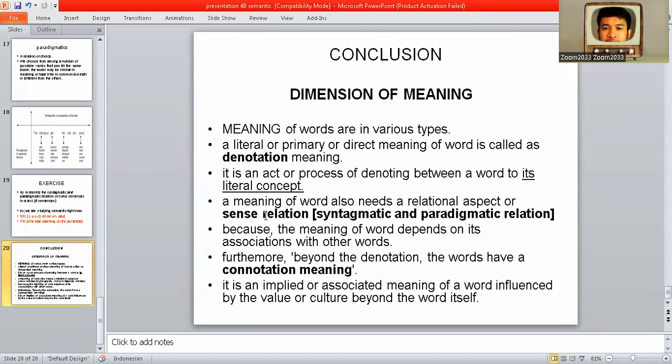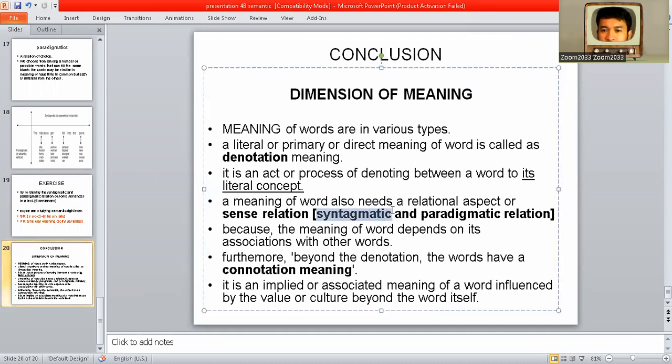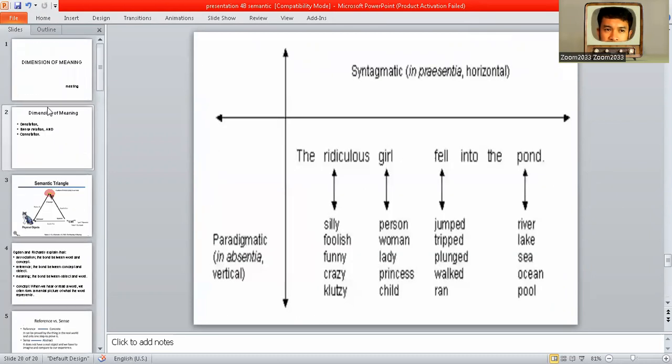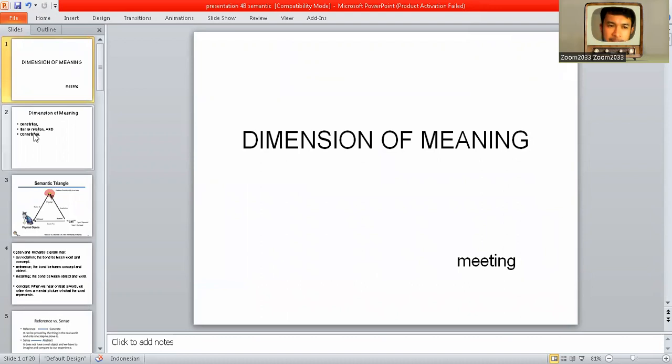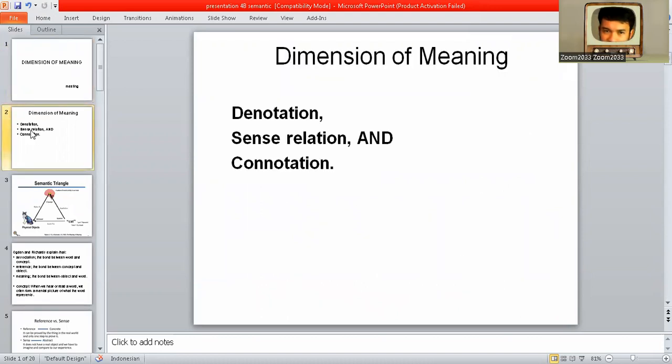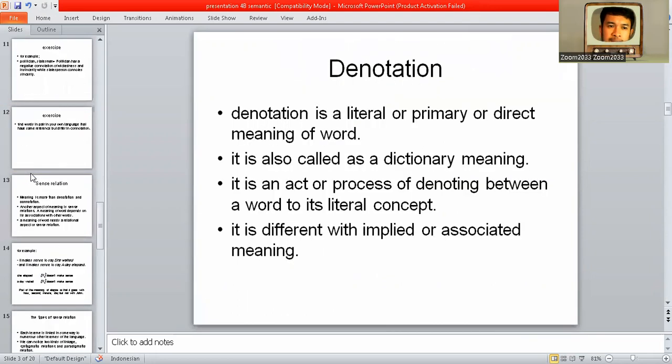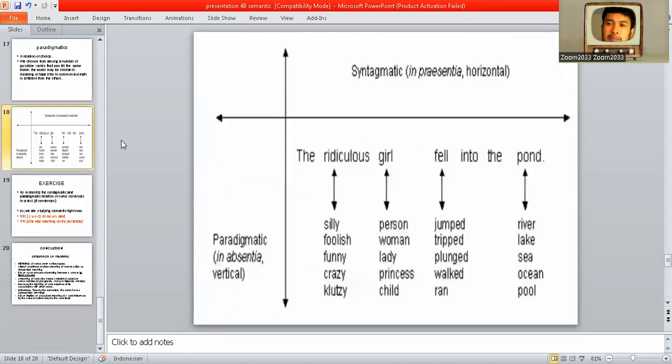And we have also relations such as syntagmatic and paradigmatic relation. Okay, so that was my presentation about dimensions of meaning, which are denotation, connotation, and syntagmatic and paradigmatic relation. So that's all for my presentation.